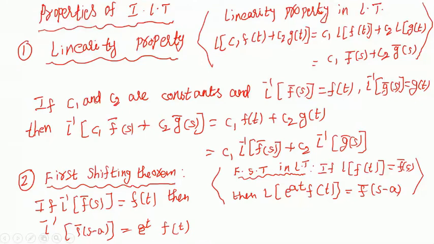So under the first shifting property, the point to note is: if the function is in the form of f bar of s minus a, in the place of s we have s minus a, so first we write e power at.